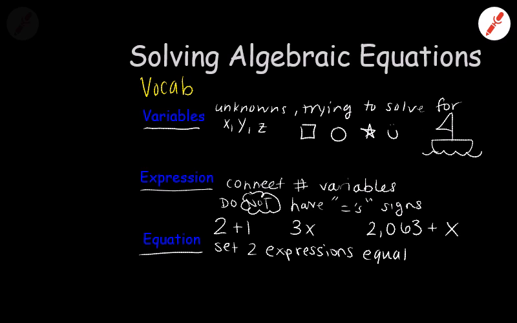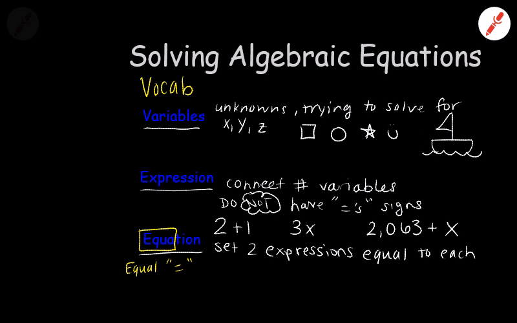The way that I remember the difference between expressions and equations is that equations begin with equa. And when I hear equa, it makes me think of the word equal, and then further, equal signs.